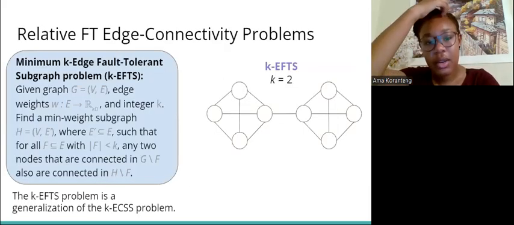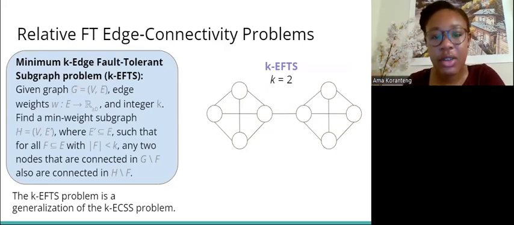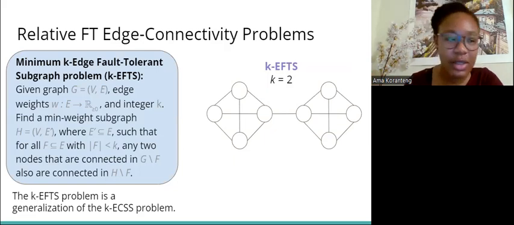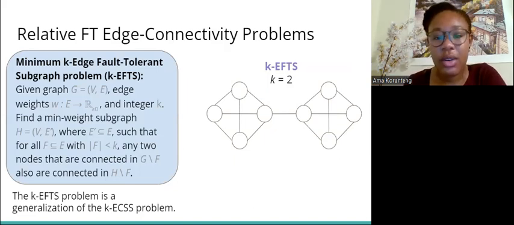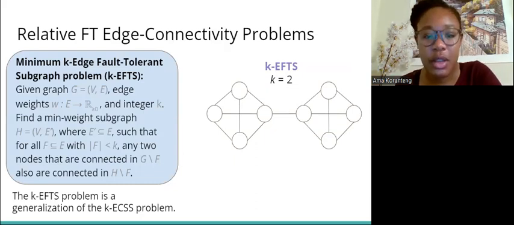All right, so now with this idea of relative fault tolerance, we can create new problems by applying it to these absolute fault tolerance connectivity problems. So first we have the k-edge fault tolerant spanning subgraph problem, the KEFTS problem. As always, we're given an input graph and edge weights, and we're also given a non-negative integer k.